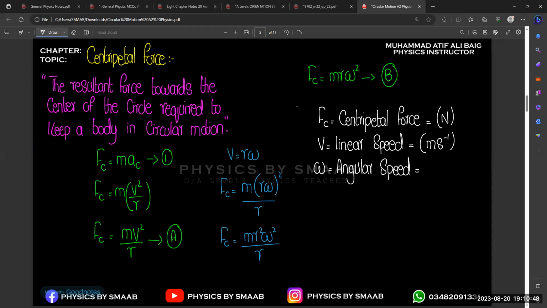What is the SI unit? We already discussed: radians per second. Then we have r, which is simply the radius of orbit, and this will be in meters. Okay, clear? Any confusion? No. Okay.